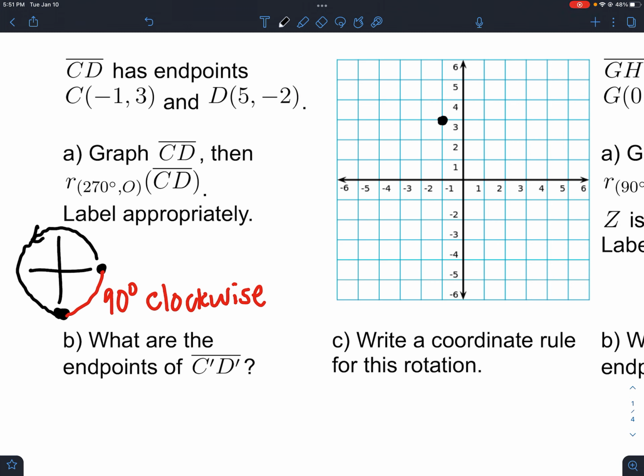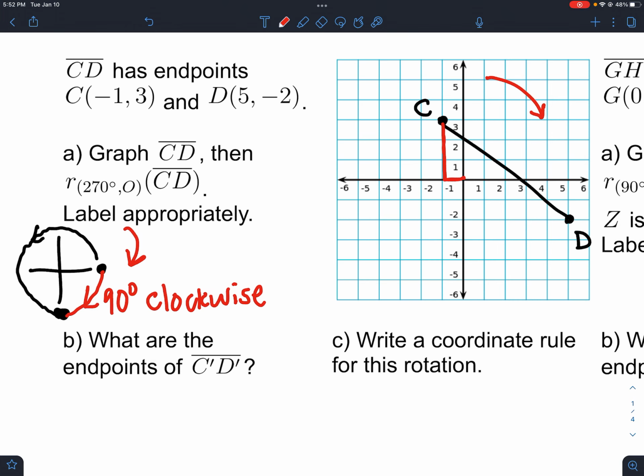So let's plot this. All right. You know the drill. We draw our L shape. And you can draw it like that. You can draw it like this. It doesn't matter. Just draw an L. And then we're going to spin this way. You see? We're going to spin that way, clockwise, like a clock.